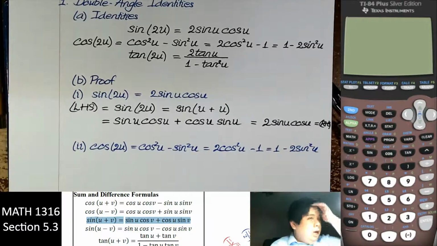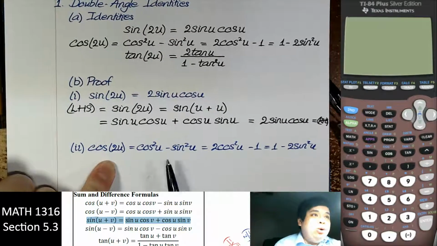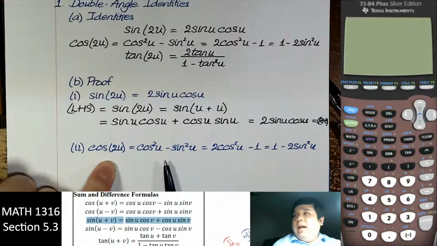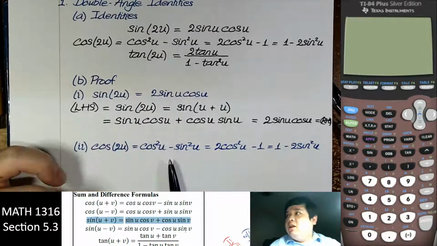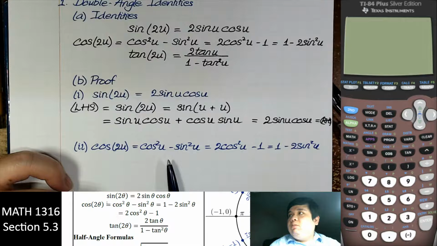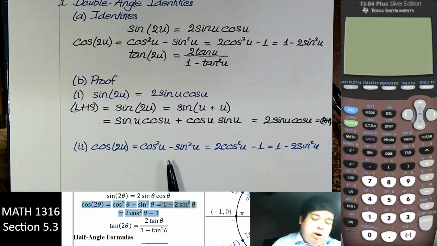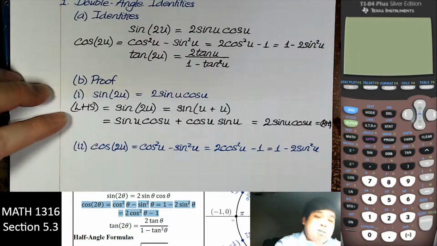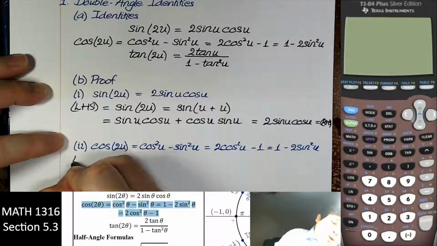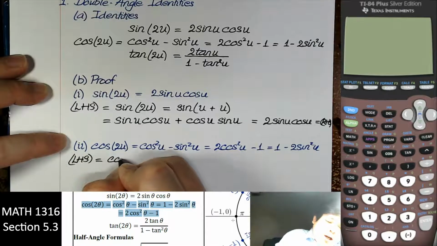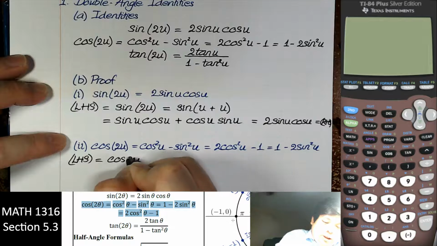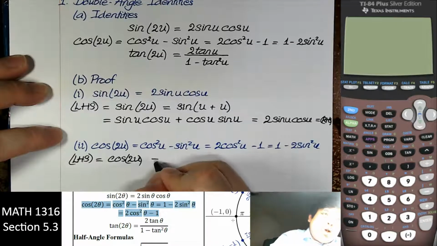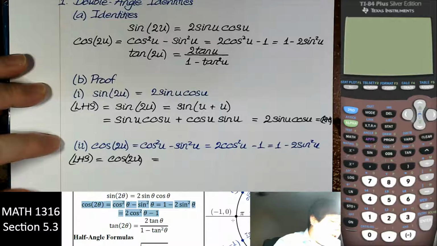So in real life, when we are asked to find cosine of 2u, we can use any of these. By the way, I do send you the formula sheet. Right, so how do we prove it? Well, the same thing as here. We start with the left hand side of cosine of 2u. And 2u is u plus u.